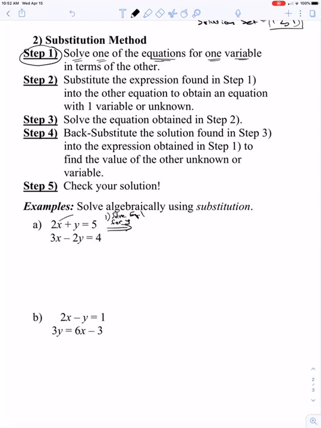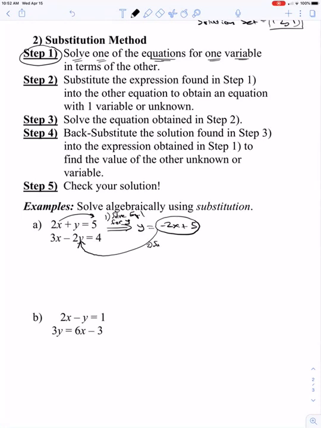I'm going to solve it for y, right? Solve for y by subtracting 2x over to the other side of the equation. So we know y equals negative 2x plus 5. Well, here's an expression of x that represents y. So here's where substitution comes in. So we can plug that in to the other equation.